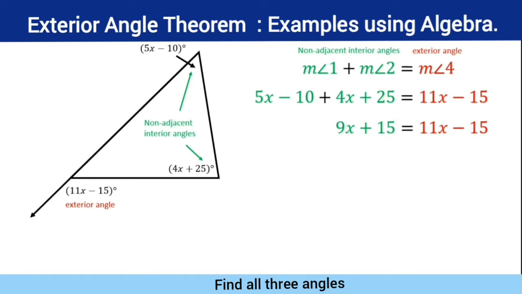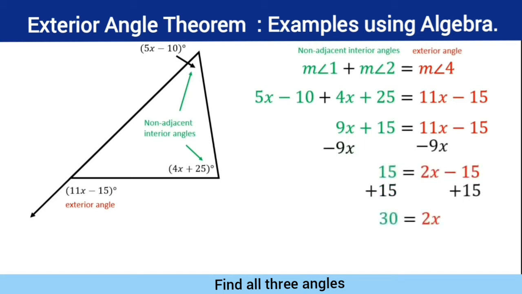Subtract 9x from both sides. We get 15 is equal to 2x minus 15. Now add 15 to both sides. We get 30 is equal to 2x. Divide both sides by 2. We get 15 is equal to x. Therefore, x is equal to 15.